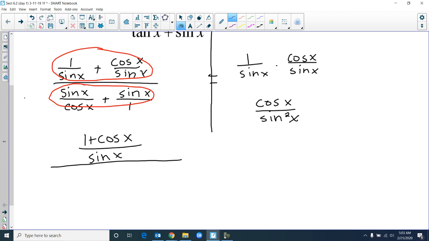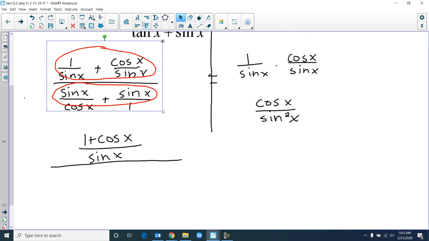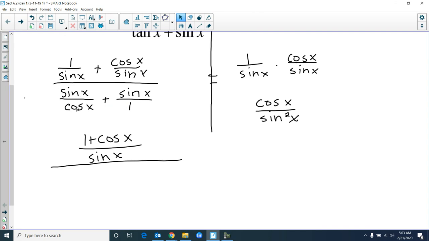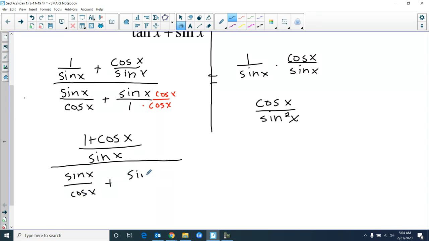Let me do something here, see if I can get rid of both of those now. Okay, in the denominator we have sine of x over cosine of x plus sine of x over 1. What I need to do is multiply that one by cosine of x over cosine of x in order to get the same denominator. And so I'll have sine of x over cosine of x plus sine of x times cosine of x, all over cosine of x.